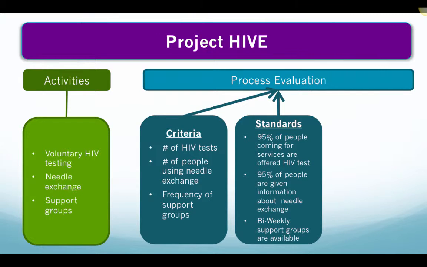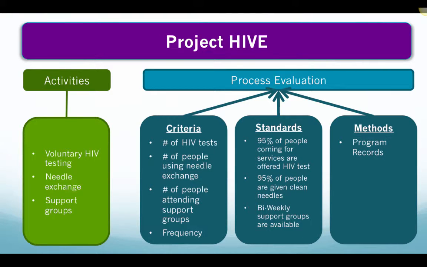Finally, in order to figure out if these standards are being met, the Hive program developers can use archival records collected by the program when the participants come in for needles or services in order to determine that the standards have been met.